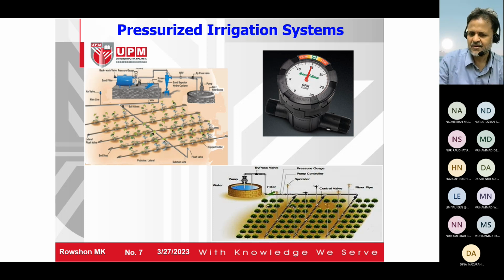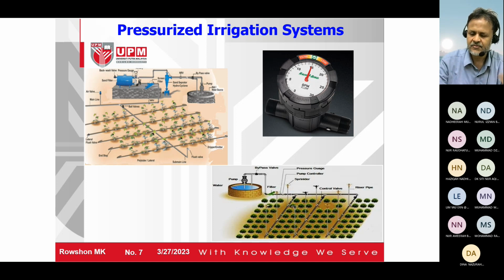Like in our house, we use a water filter. If we don't use it, some dust, dirt or small particles will come and go to our stomach, and we don't accept that. Similarly, micro irrigation doesn't allow any sediment, so we need to use a filter.